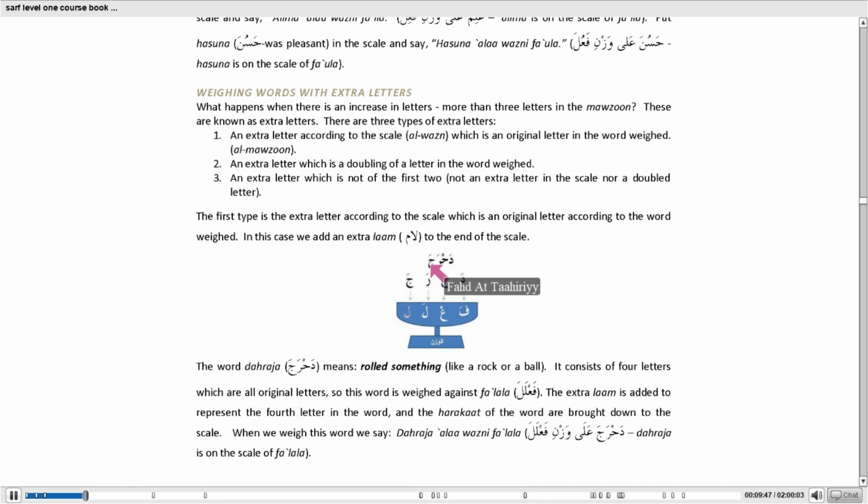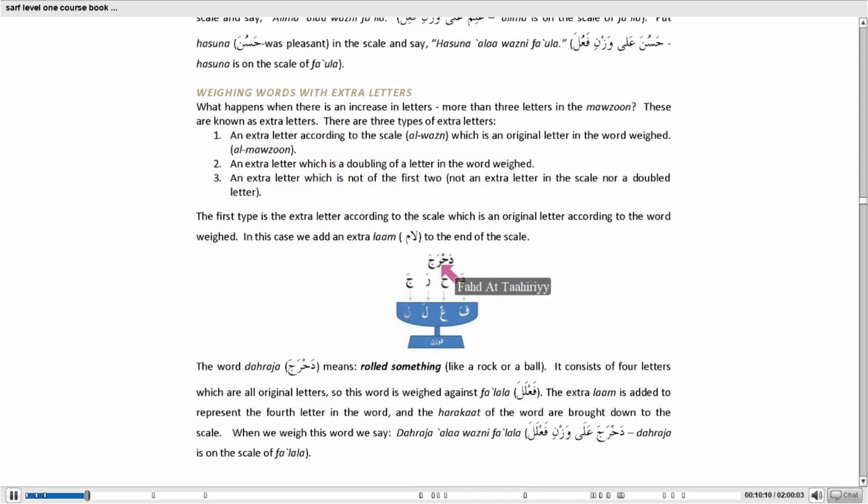Understood? So this is the first type of extra letters. The first type of extra letters is an extra letter according to the scale, which is an original letter in the word weighed.